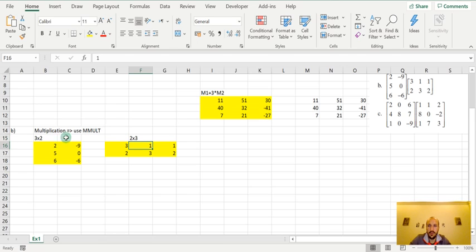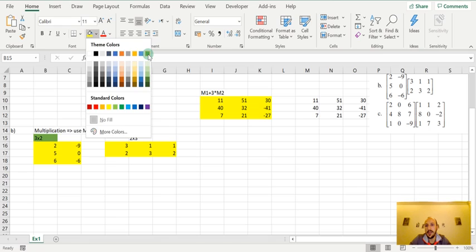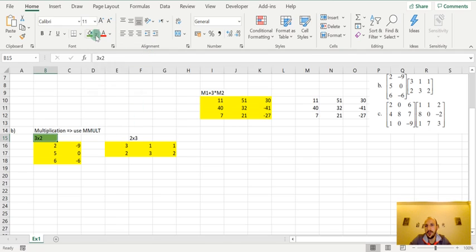So are we able to multiply these two matrices? Yes we can, because the number of columns here is equal to the number of rows here. If you go back to the lecture you will see that we will be able to multiply these two. And what is important is the following: when we do 2 rows and 3 columns times 3 rows and 2 columns, what will we get as a result?